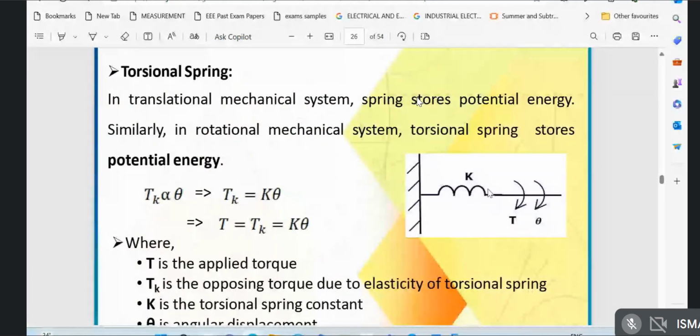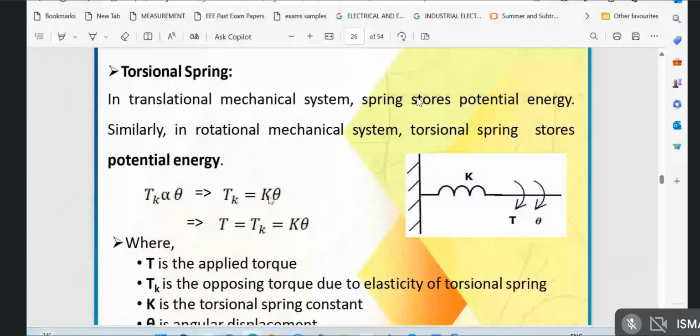But now the spring, you also have springs which are torsional springs. Just like in a translational mechanical system, the spring stores potential energy. So Tk is k theta, because now it is not x.